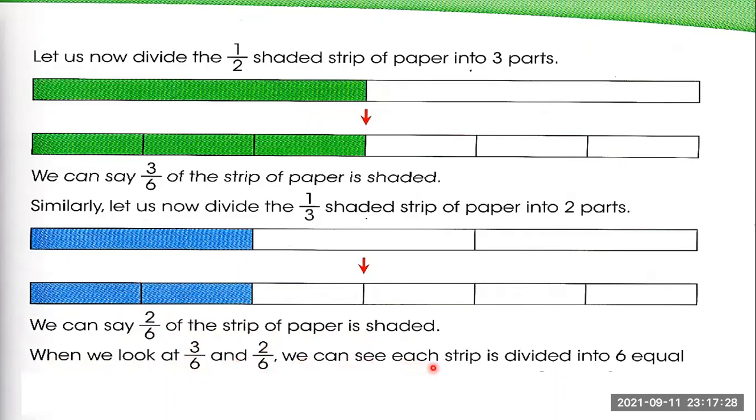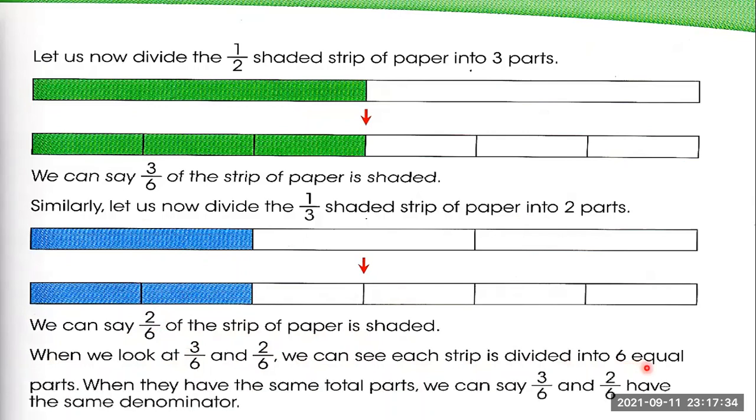We can see each strip is divided into 6 equal parts. When they have the same total parts, we can say 3/6 and 2/6 have the same denominator. So their denominator now is the same. They have the denominator of 6.